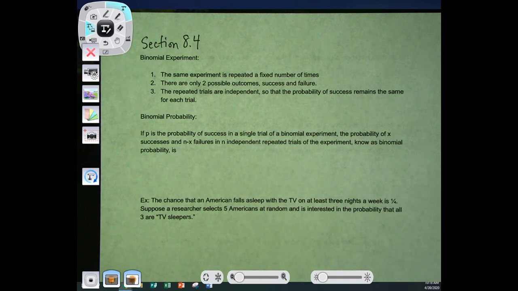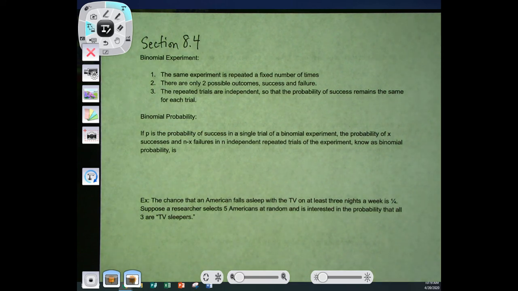So, for example, flipping a coin is considered a binomial experiment. Every time I flip a coin, we have two possibilities, heads or tails. We flip it 100 times, I fix the number of trials, and every time I flip a coin, the outcome is independent. One coin flip doesn't affect the next coin flip.